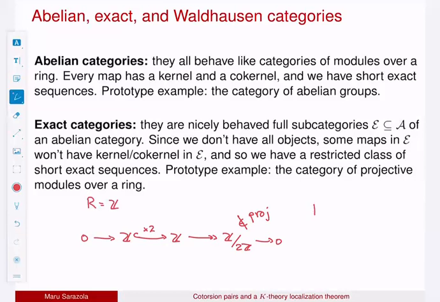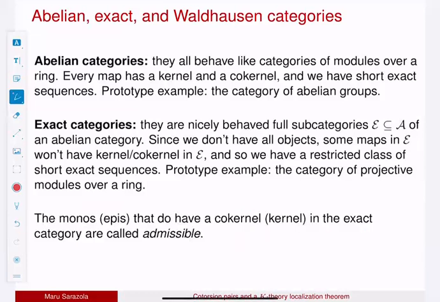So we would say that this short exact sequence is not allowed because it doesn't live in our category. So this is what I mean when I say we have a restricted class of short exact sequences. Some are going to still be there, but some are probably not going to be there anymore.